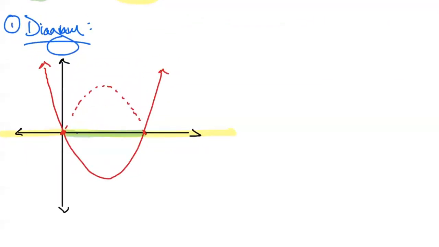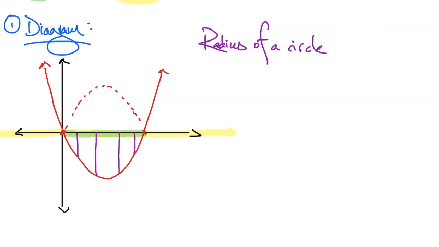Now, if I were to draw a series of purple lines, each of those purple lines represents the radius of a circle. And each of these lines touches the axis of revolution. So that means that we're going to be looking at an area equals pi r squared situation.